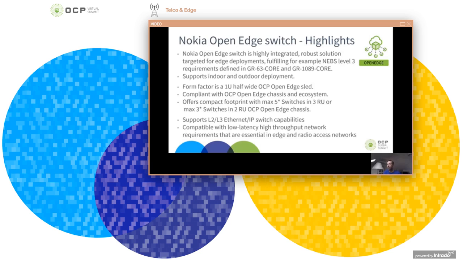The Nokia Open Edge switch highlights briefly. So the Nokia Open Edge switch is a highly integrated, robust solution targeted for edge deployments. It is fulfilling, for example, NEBS level 3 requirements defined in the GR63 core and the GR1089 core specifications.